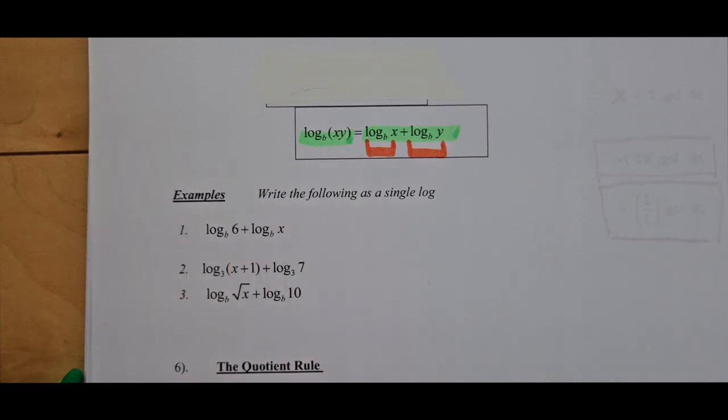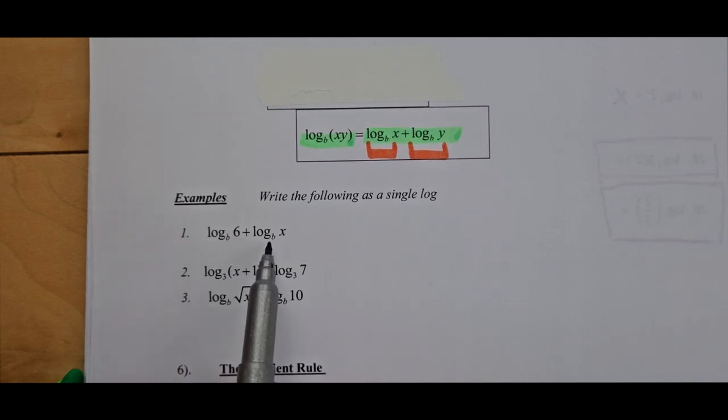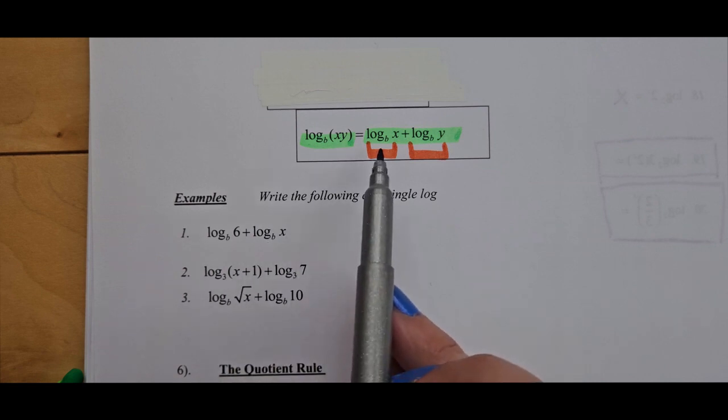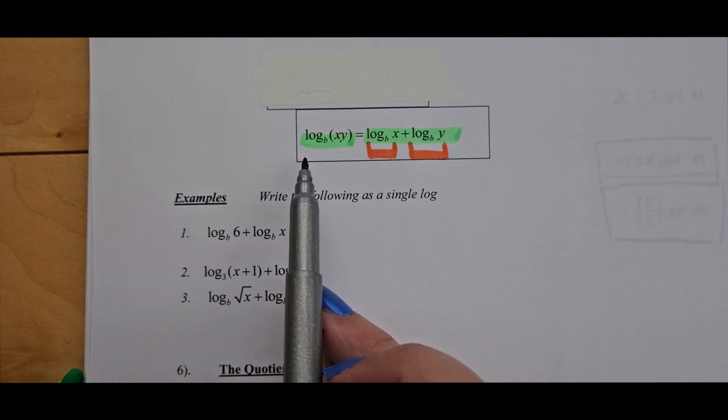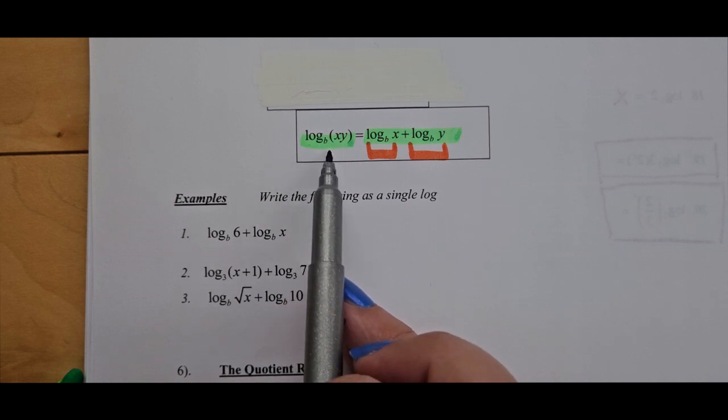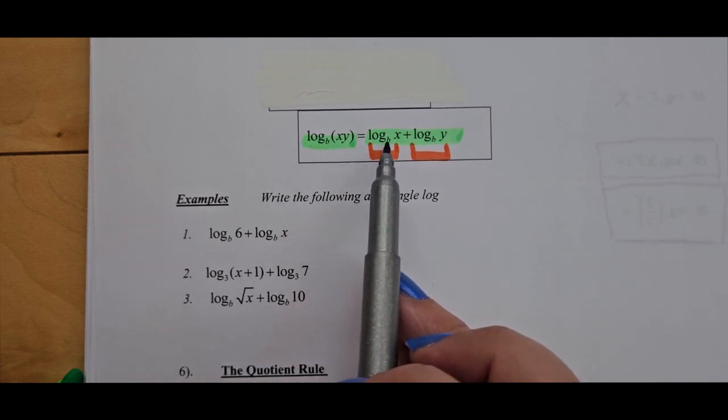Now let's solve it together. Let's do some examples. So here I have log plus log, and remember guys, the base should be consistent. So if you have base b or whatever, the other should also have the same base.